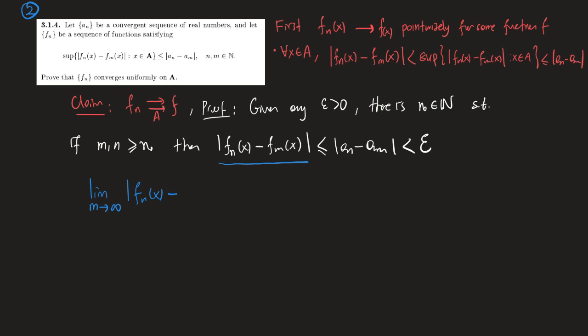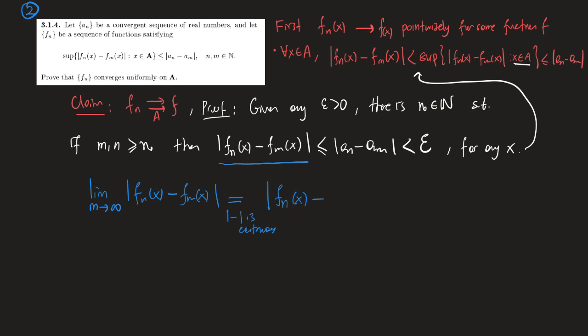By the way, let me also add, this is happening for any x. Here f_m(x), but this is equal to, since absolute value is continuous, |f_n(x) - lim as m goes to infinity of f_m(x)|. But this is by definition the pointwise limit of the f_n's, which we have proven to be f(x).